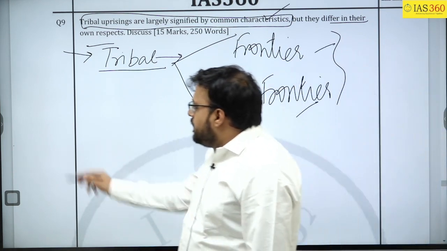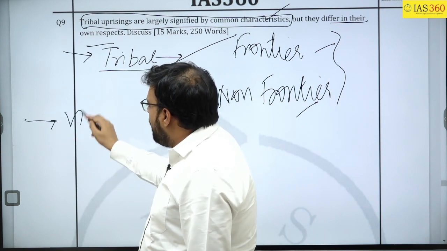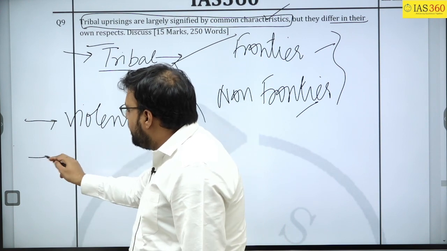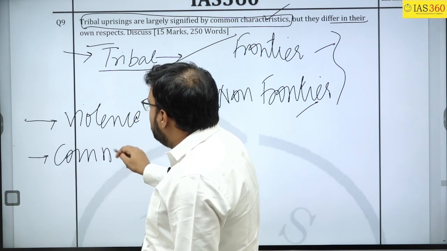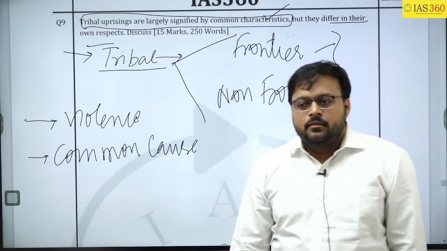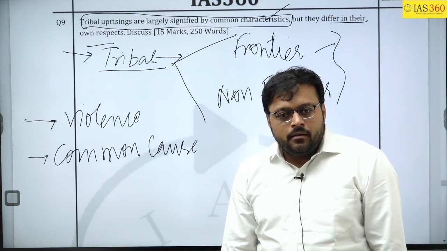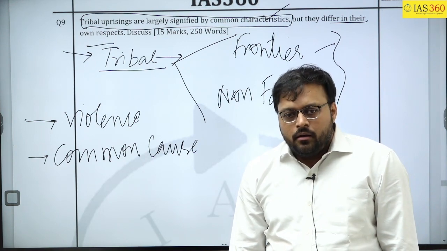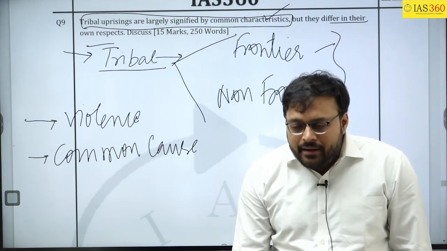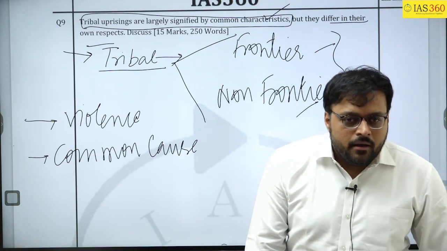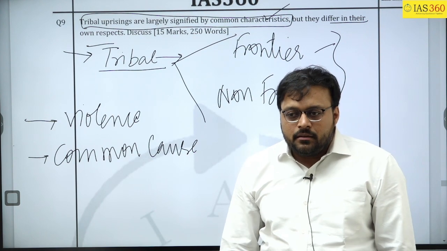So for common characteristics, you can say that a common characteristic is violence. A common cause is the entry of the Britishers in their forest land, increasing land revenue, entry of the moneylenders, zamindars, exploitative demand of the rents.